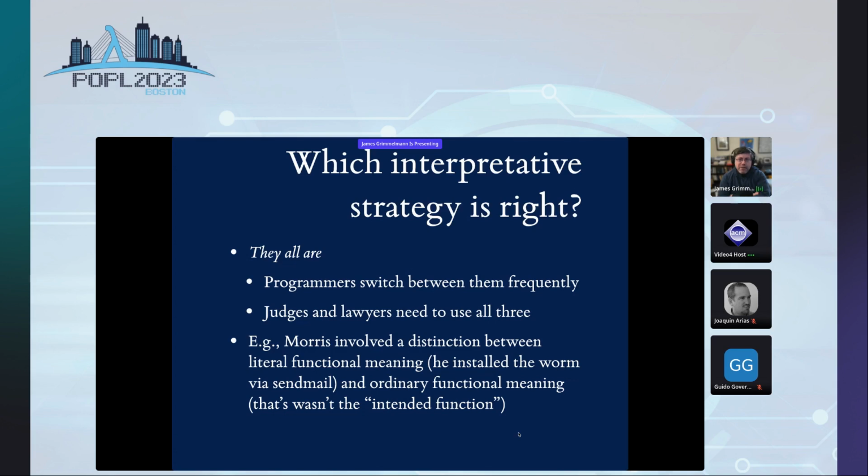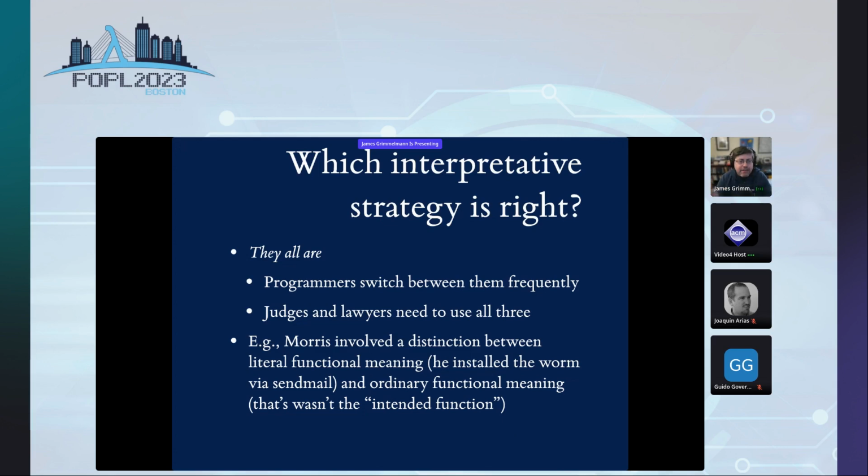A programmer who is engaged in debugging is actually mentally switching between the three strategies on the fly. They're holding up the idea that what the program is currently doing, its literal or naive functional meaning, is different from what I want it to do. And they're searching for the source of the problem potentially in the hardware and the specific failures of this execution environment, or a failure in their specification and coding.